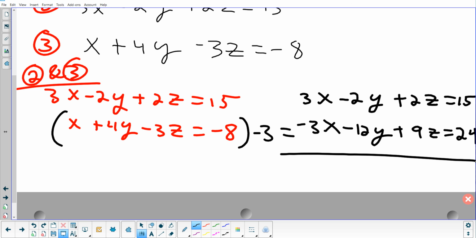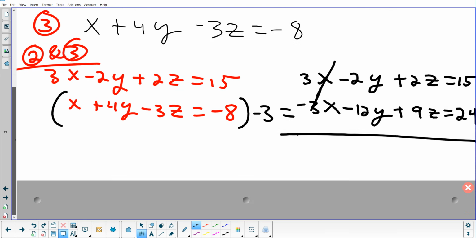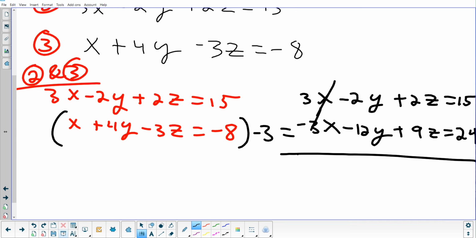Hey, add them up. What happens to the x's when we add them up? Cancel out. What do we get when we add negative 2 and negative 12? Negative 14. Yep.